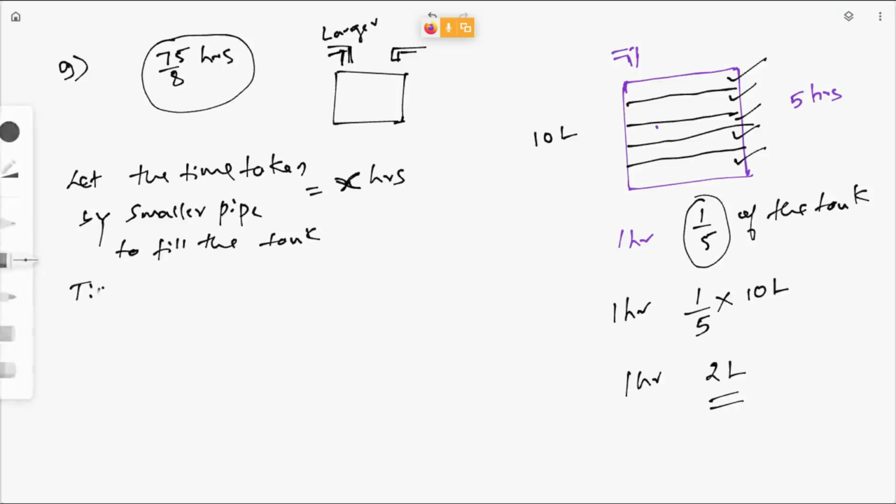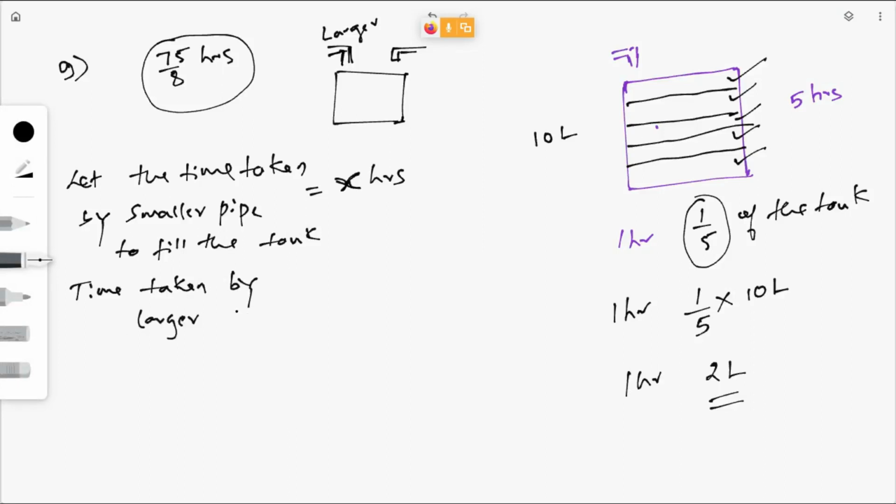Now the time taken by the larger pipe. Look, simple logic, you need to apply simple logic here.